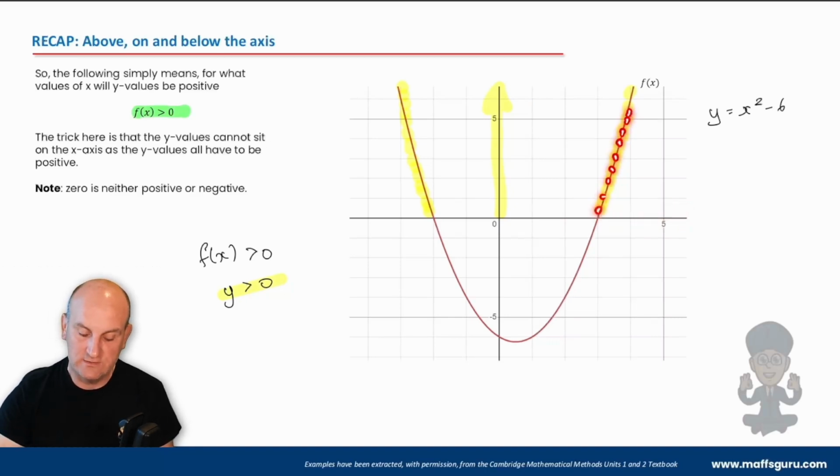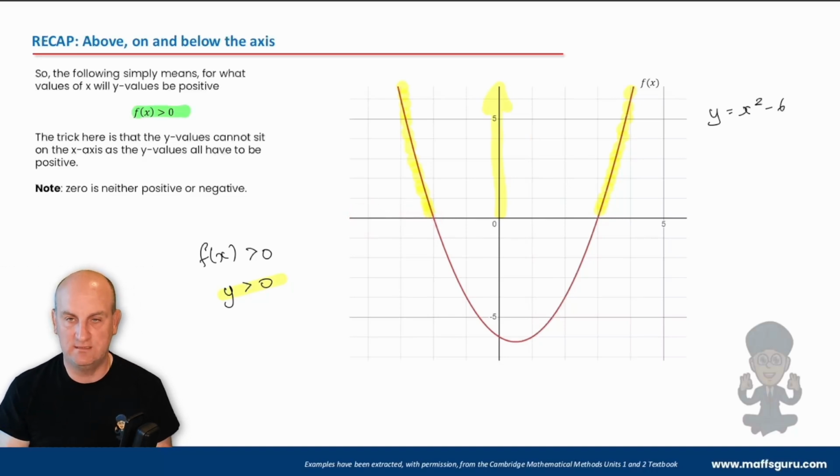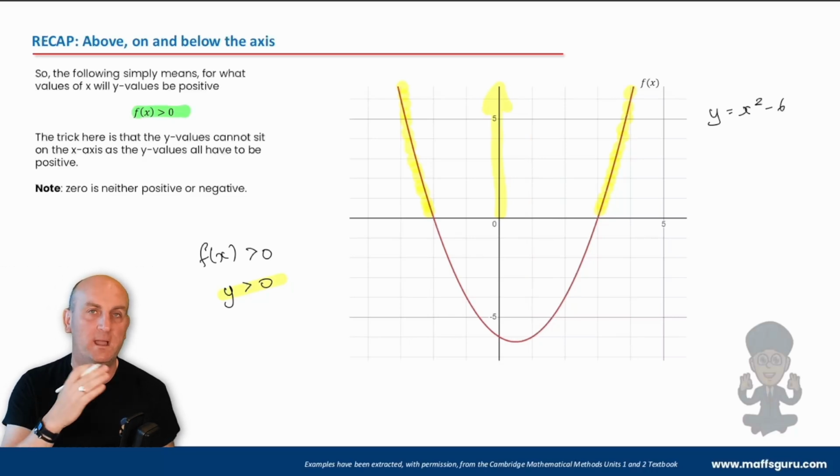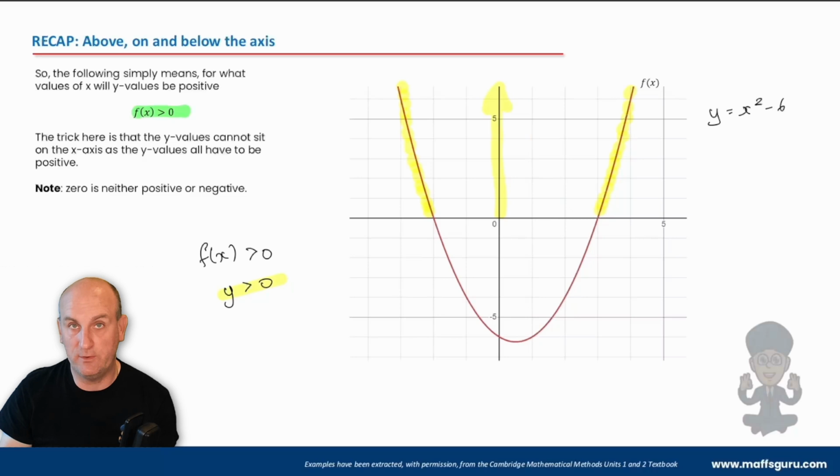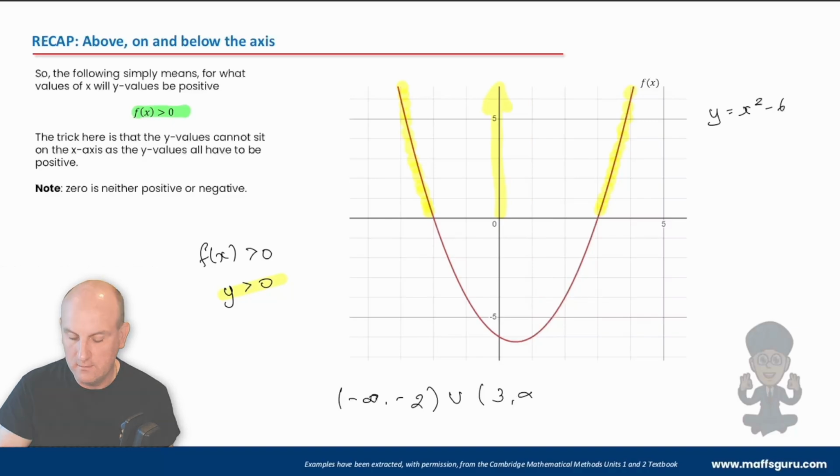So if I was going to answer this, what values of x will create only the sections above the axis? We could write minus infinity to negative 2. Now, the next thing is lots of people get very confused, and I'm going to say or from the value of 3 to infinity.